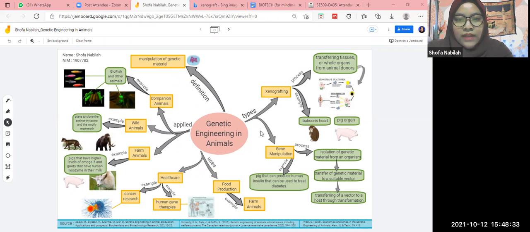The types of genetic engineering in animals: the first is xenografting. Xenografting is the process of transferring tissues or whole organs from animal donors.